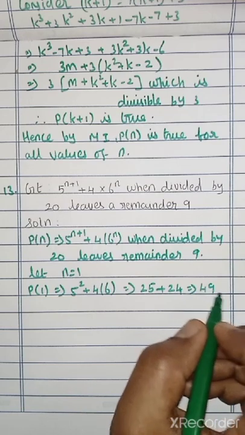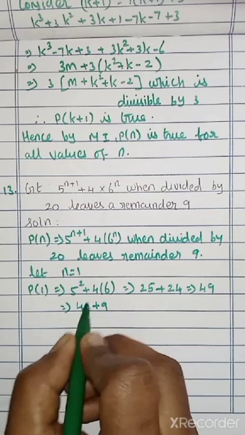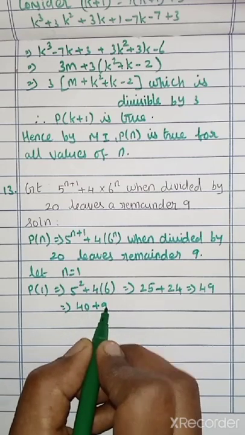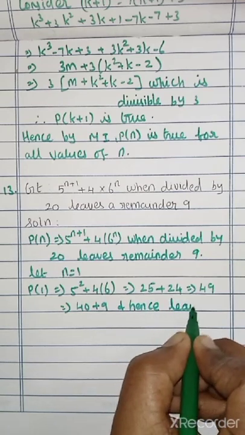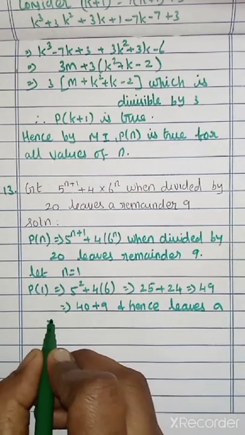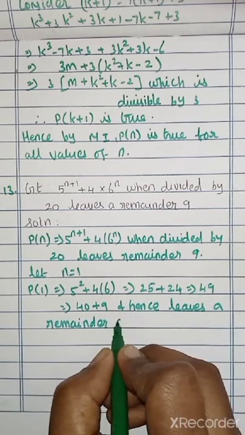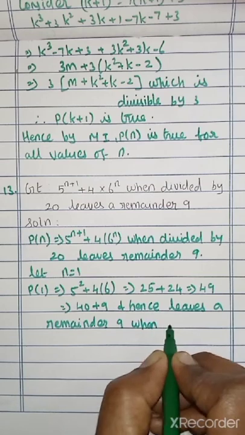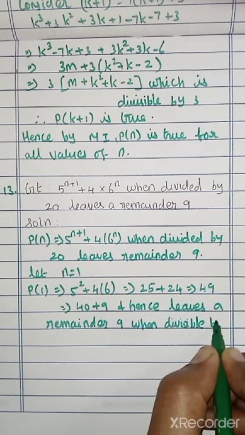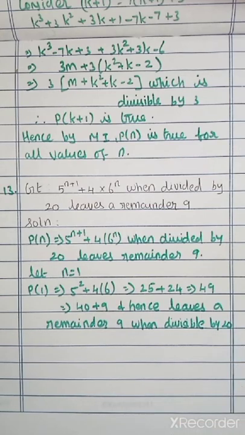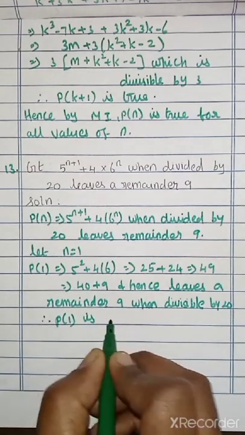So 49 we can write as 40 plus 9. 40 can be divided by 20, plus 9, right? And hence it leaves a remainder 9 when divided by 20, correct? Therefore P of 1 is true.